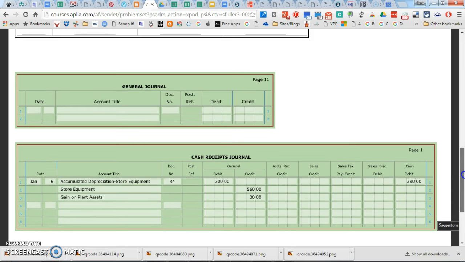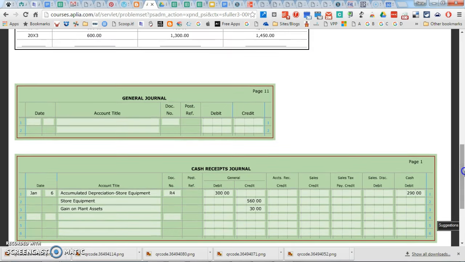Now we are going to look at our next one, July 12th. We received cash for sale of a notebook computer, plant asset number 242, $800. And this time we have two document numbers. So that tells us that we have to record something for this in two places. So first we'll come down here to our cash receipts.